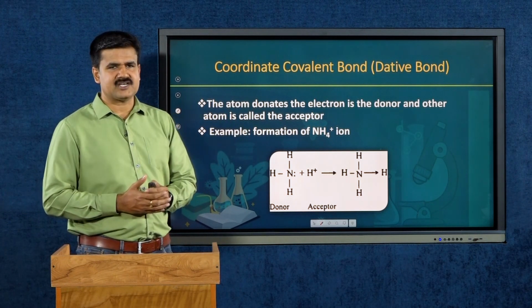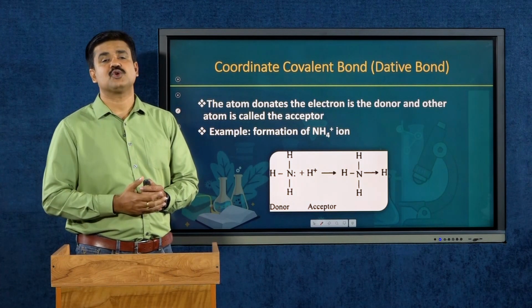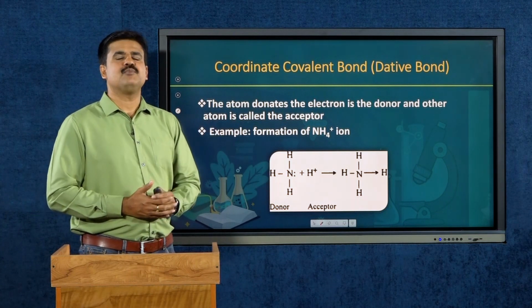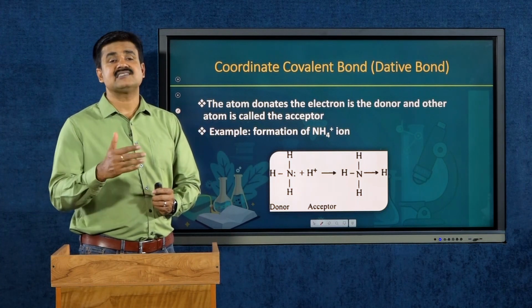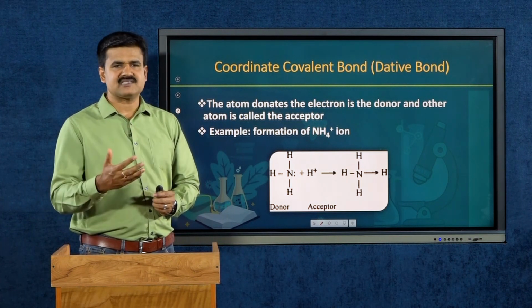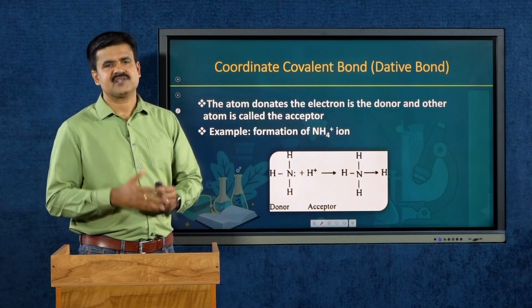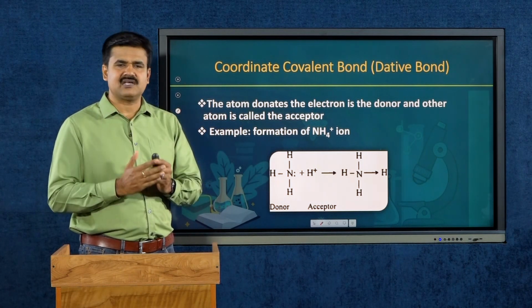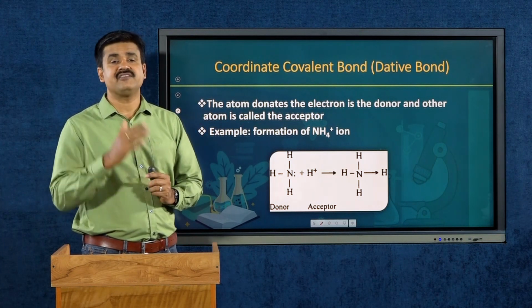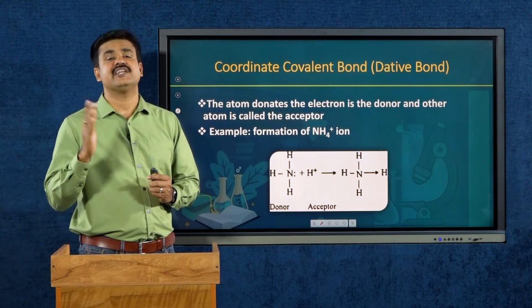NH4 plus formation clearly depicts the formation of a coordinate covalent bond. Here you can see the nitrogen atom of the ammonia molecule has a lone pair of electrons. However, H plus, that is the proton, has no electron in it. So, if a bond forms between the nitrogen atom of ammonia and H plus, that bond is nothing but the coordinate bond.